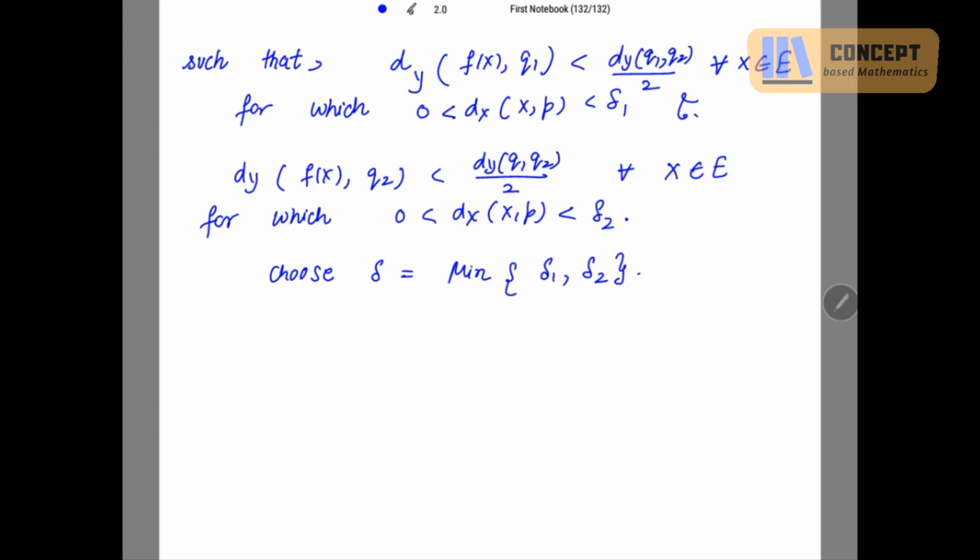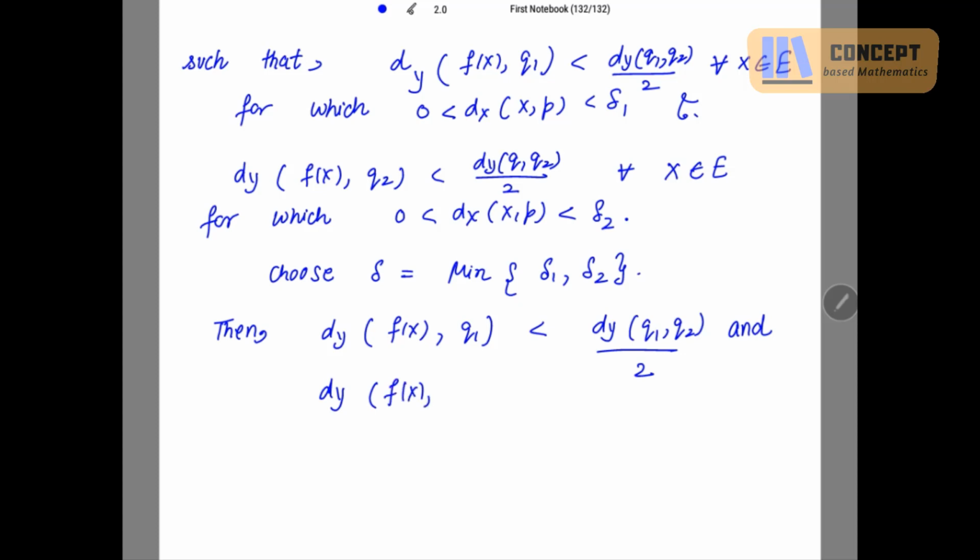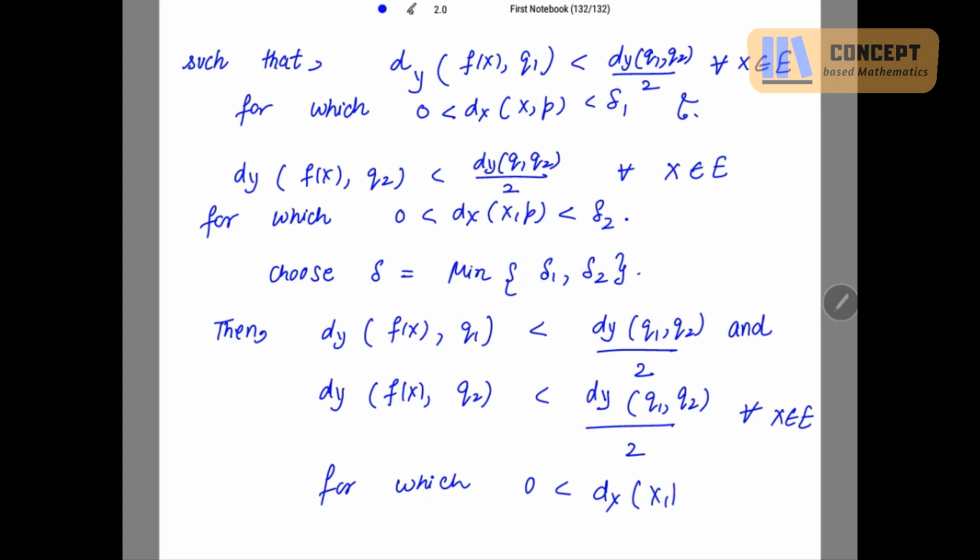Now choosing this delta, the distance in Y of f of x comma q1 will be less than my epsilon, which is the distance in Y q1 q2 by 2, and the same distance in Y of f of x comma q2 is also less than q1 q2 over 2, the same epsilon for all x belonging to E for which, because I take delta to be the minimum of delta 1 and delta 2, the distance in X of x comma p is less than delta. Right? So I combined.